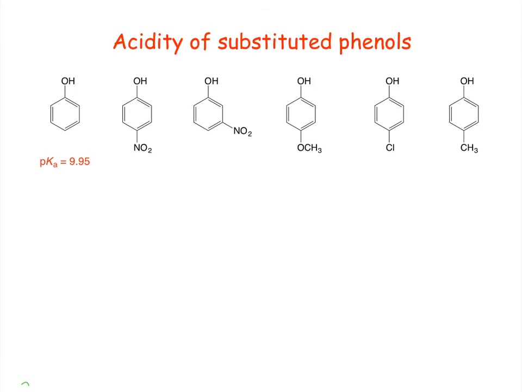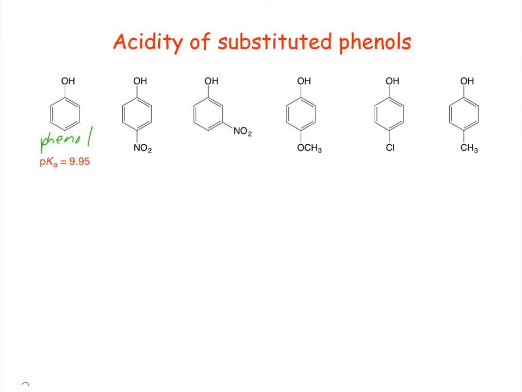Okay, so we can demonstrate this activating and deactivating, or the same kind of process, by looking at the acidity of a couple of different aromatic groups here. All of these compounds are based upon this one here, so this is phenol.